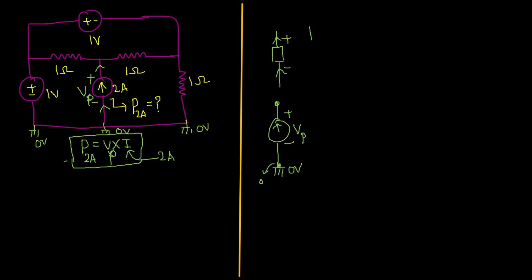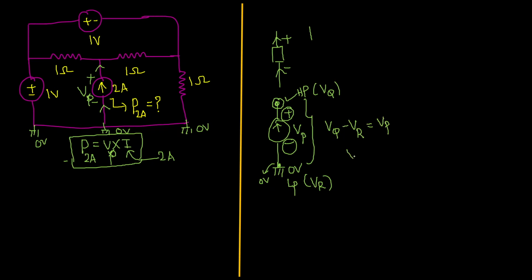In one terminal I am having 0 voltage. What is the voltage across the other terminal? Usually, while identifying the polarity, where there is positive polarity and negative polarity, this is the higher potential point and this is the lower potential point. So let us take the voltage at the higher potential point as Vq and the voltage at the lower potential point as Vr. Now how do we find the potential difference? Higher potential minus lower potential equals the voltage drop across the current source.